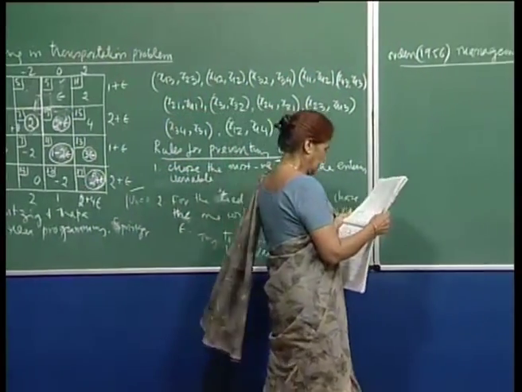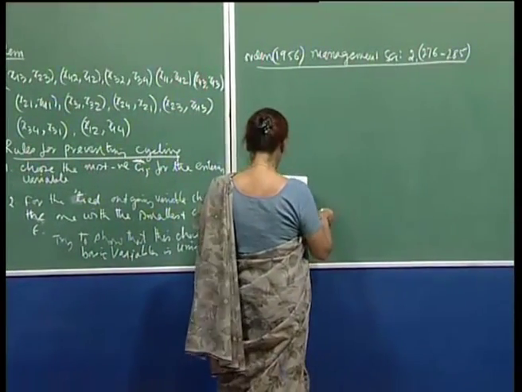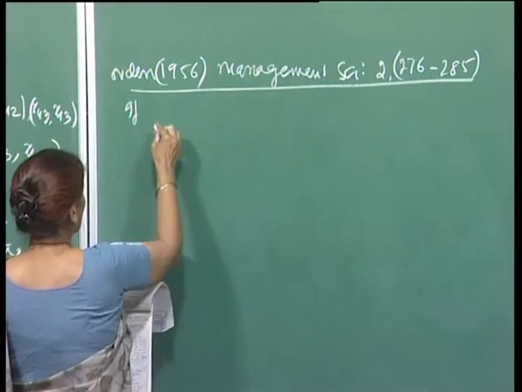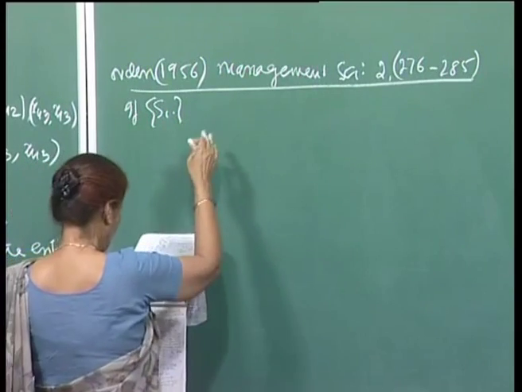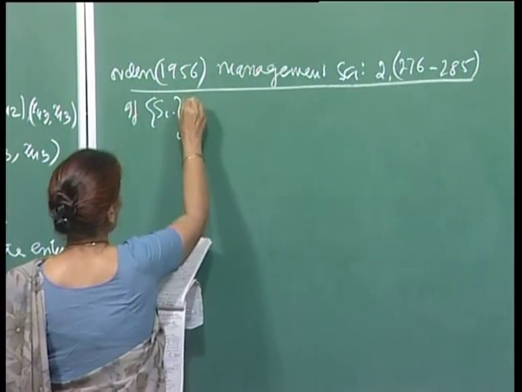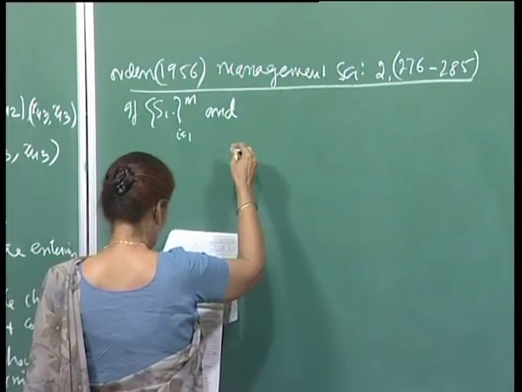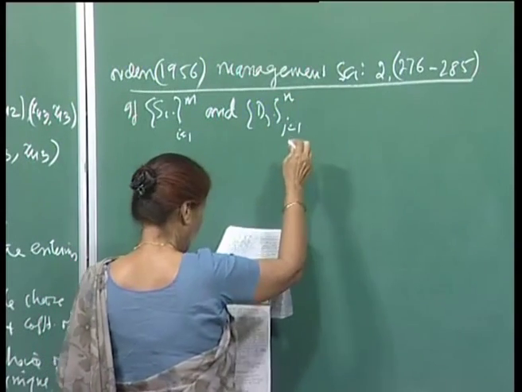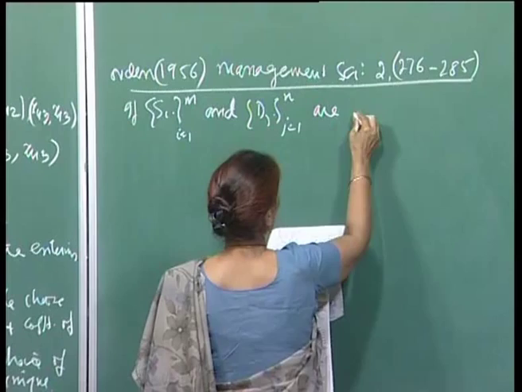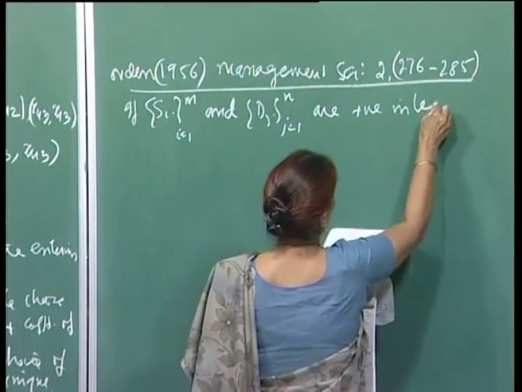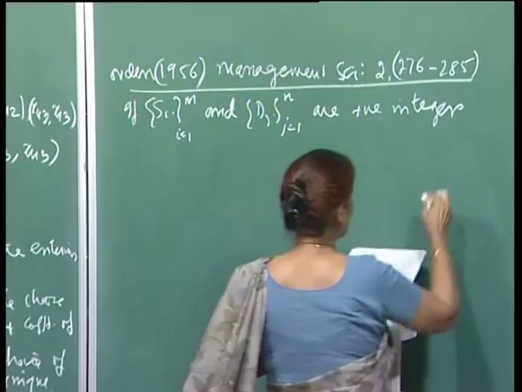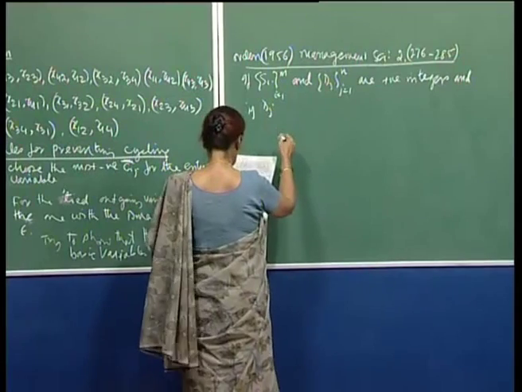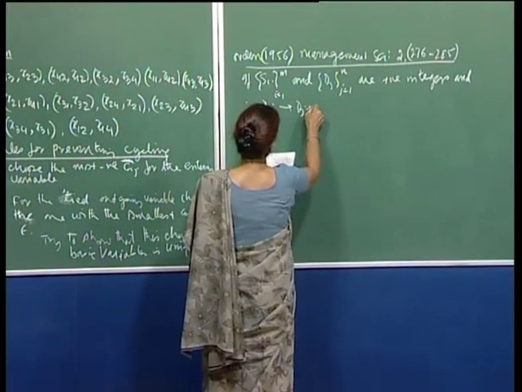I will just quote the theorem by Orden, which says: si, i varying from 1 to m, and dj's are the demands, j from 1 to n, are positive integers, and if dj are replaced by dj plus 1 by n for all j.